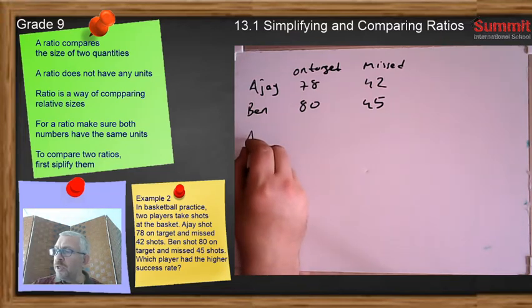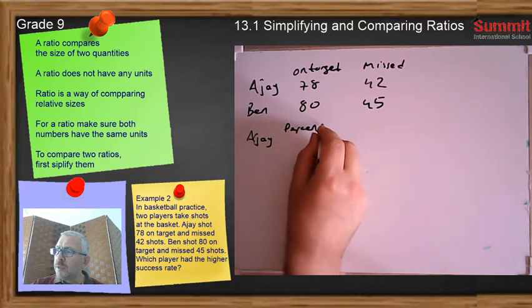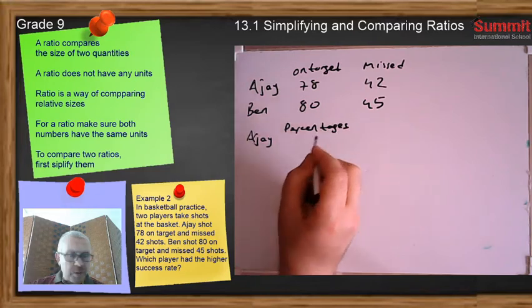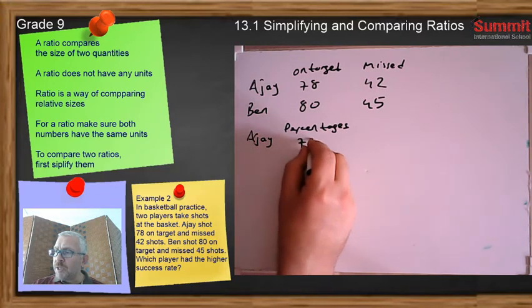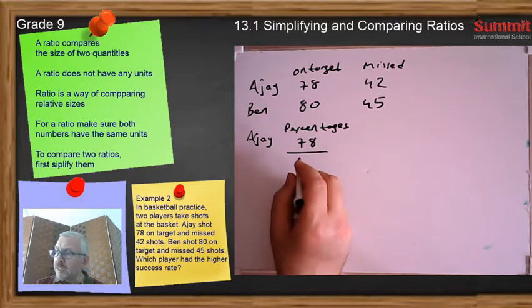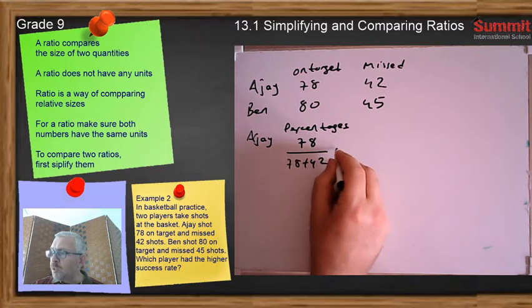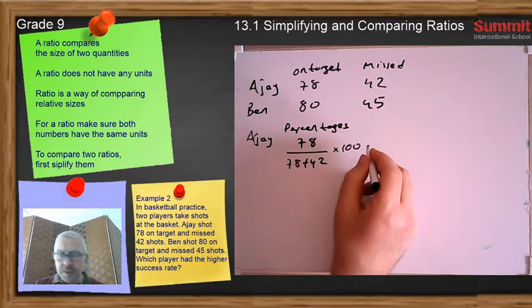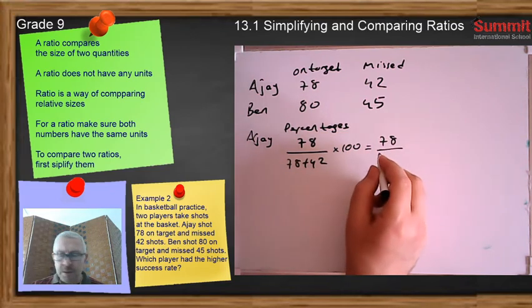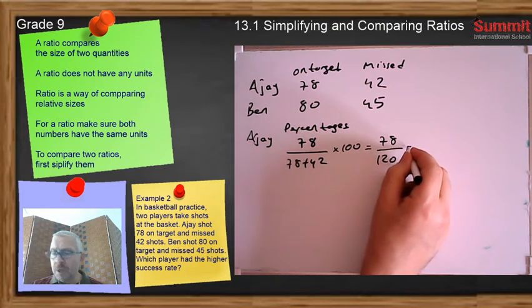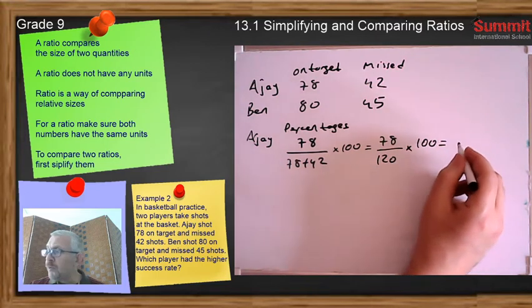For AJ, the percentage will be: on target, he shot on target 78, total shots will be 78 plus missed, multiplied by 100 to find the percentage. It will be equal to 78 divided by 120 multiplied by 100. The result will be 65%.